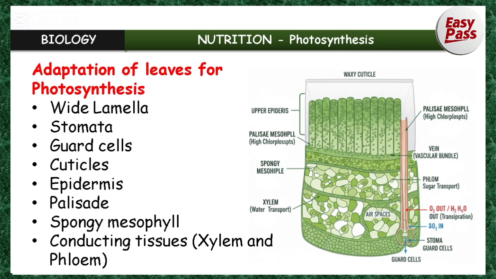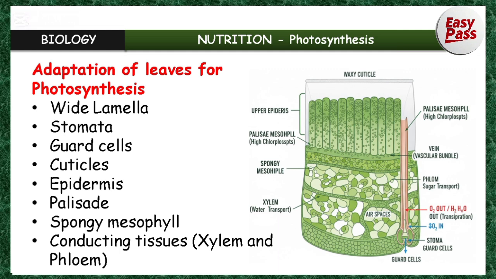I'll just mention some. Number one, the leaf has what we call a very wide lamella. And this will increase surface area for the absorption of sunlight energy. So that is one, wide lamella.